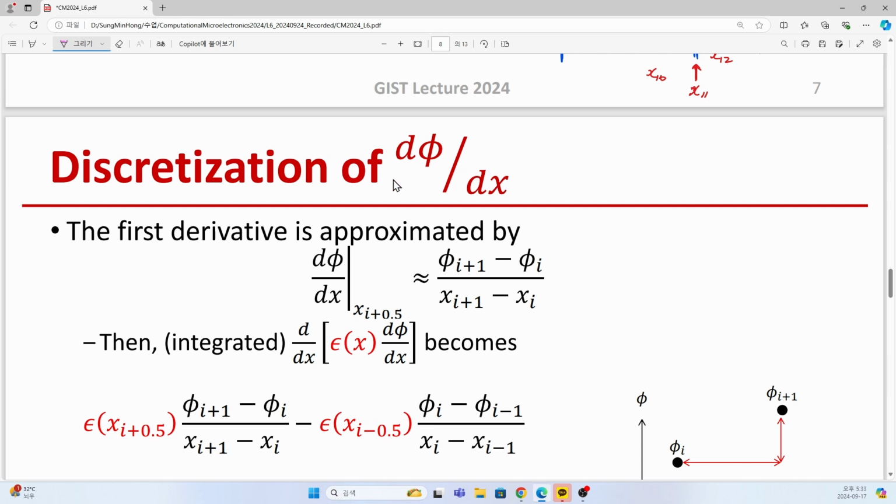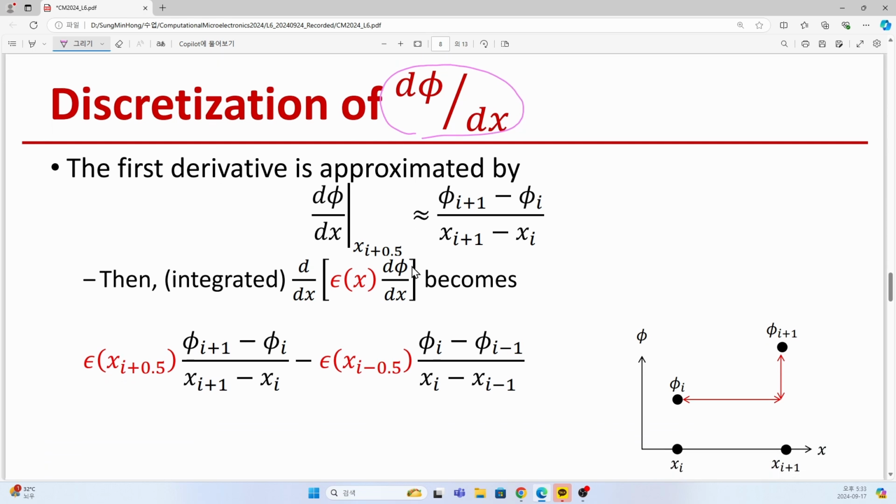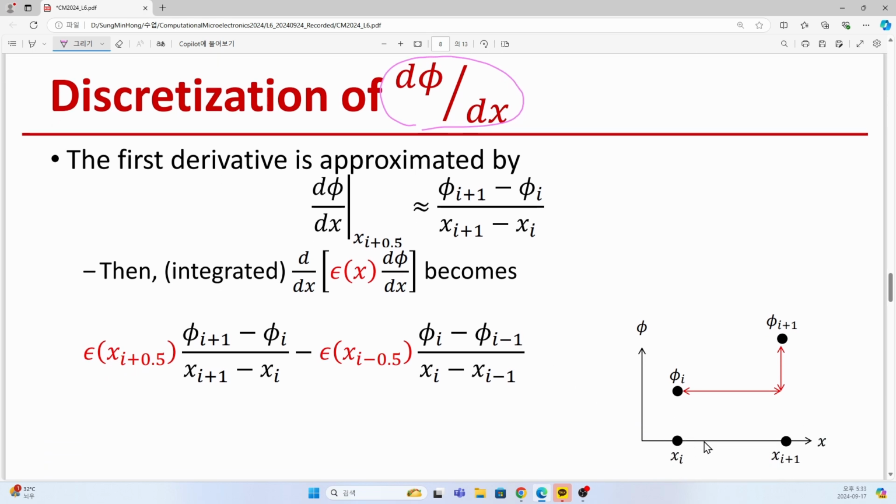Yes, how can we make a discretization of this d phi over dx? So the position is, the coordinate is like this. Here we have a discretized point called x sub i and another one x sub i plus 1. And of course we have phi evaluated at that point, and sometimes it is noted as phi sub i.